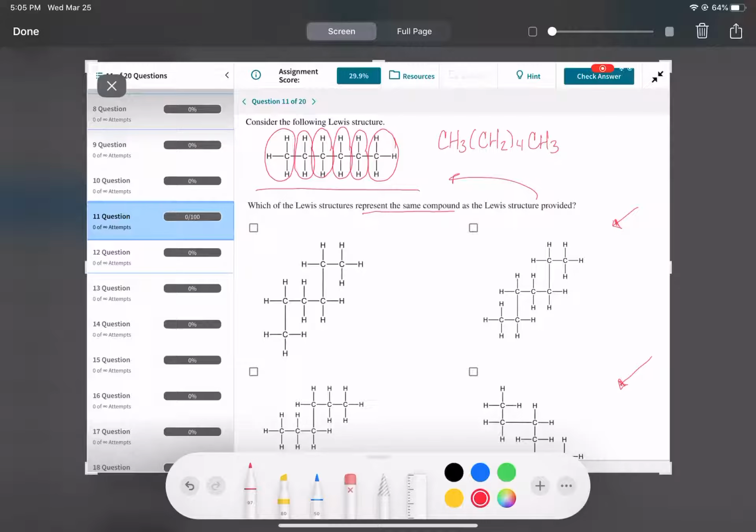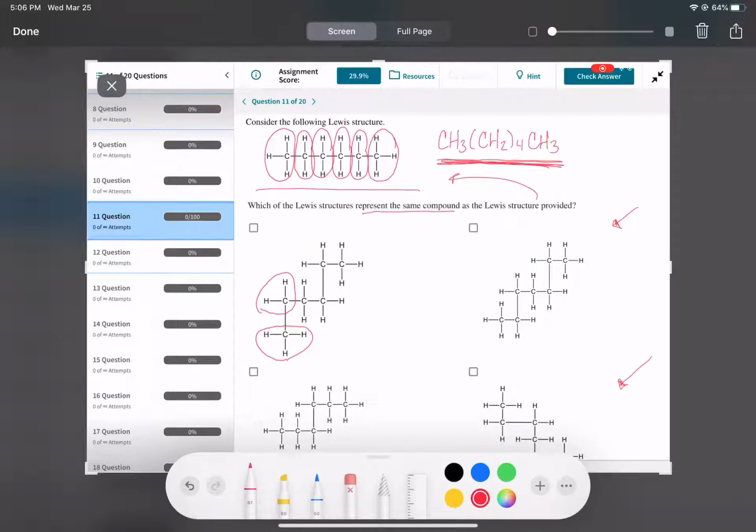Now remember, it does not matter what kind of shape we use when we draw these molecules. It doesn't mean anything. If we have a molecule that has this same pattern of connectivity, regardless of its shape, it's going to be an identical molecule. So let's look at the first option that we have. In this molecule, if we start at the bottom here, we have a CH3 followed by a CH2.